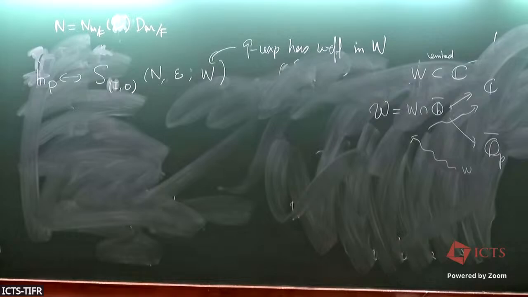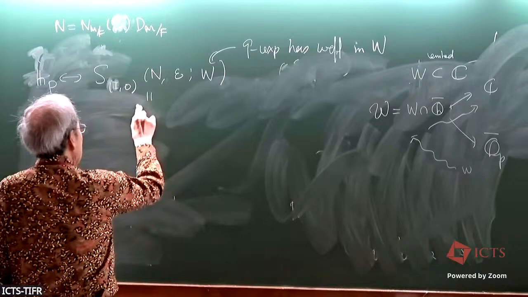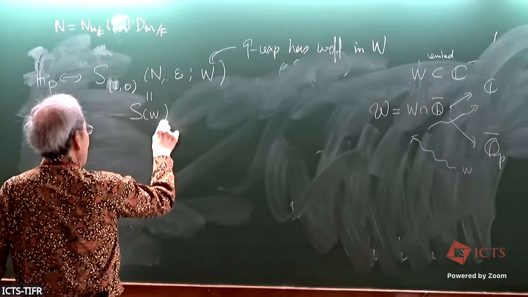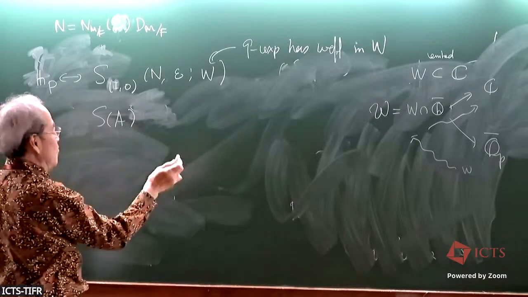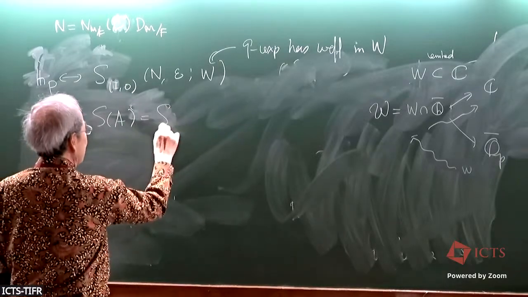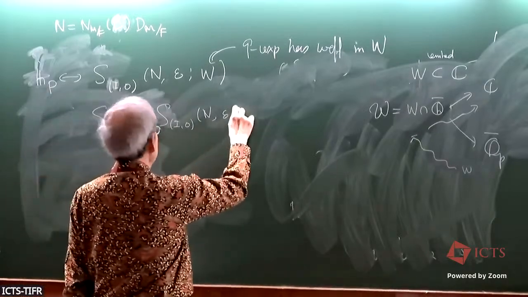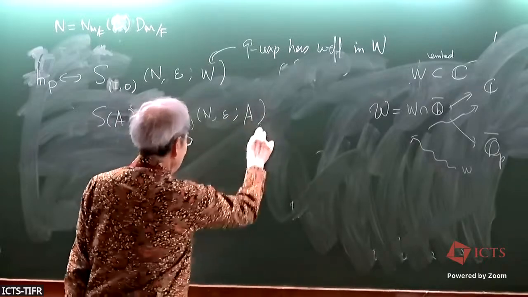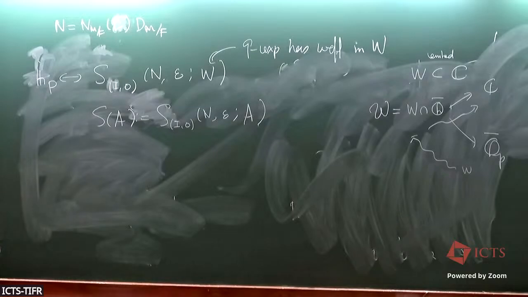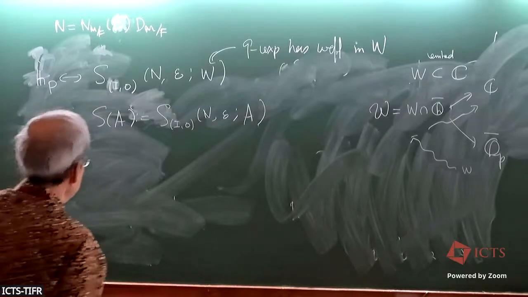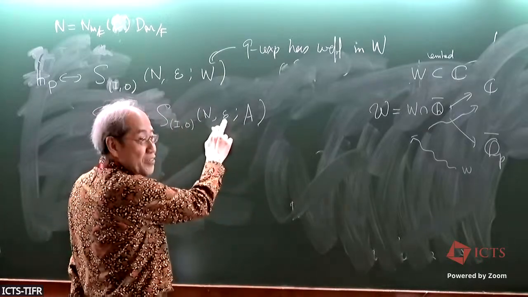Then you pick any, so for simplicity, I just write S W. Or more generally, S A, or any subring of the complex numbers, I just write S kappa and epsilon A. This is just a simplified notation. And this is only well defined when A contains the values of epsilon.